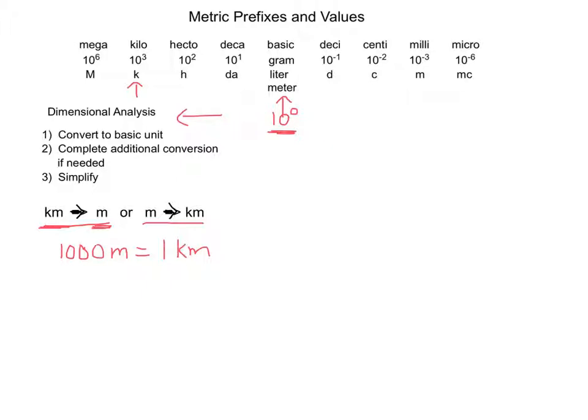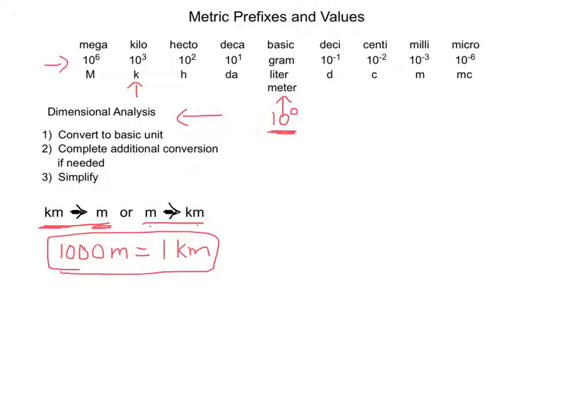Now, whether or not I'm converting from kilometers to meters or from meters to kilometers, this would be the conversion factor I would need to use. Now, I don't want you memorizing these. I want you to be able to create them from the diagram that we have up here at the top.